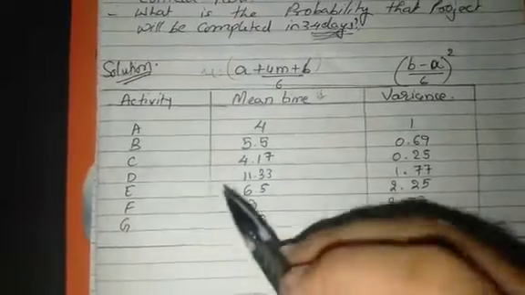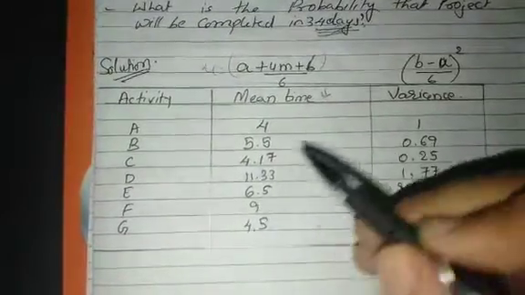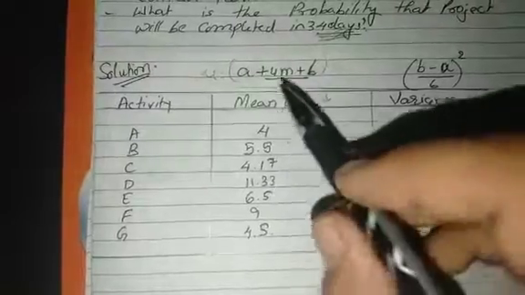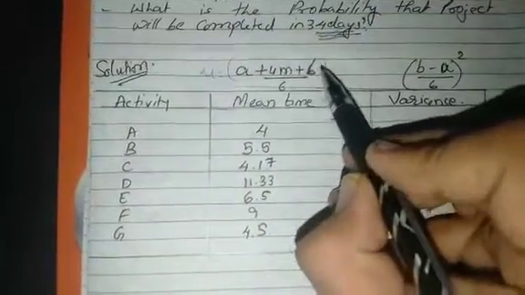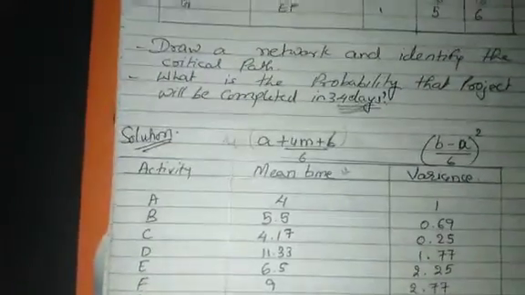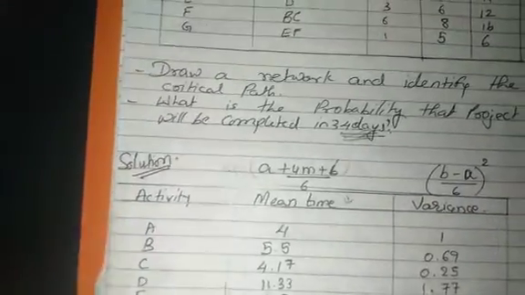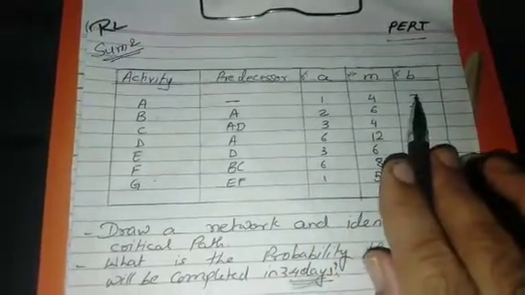So to solve the sum, first of all, we will find the mean time of all the activities. For finding the mean time, there is a small formula, that is A plus 4m plus B divided by 6. For the first activity, I will try to find out the mean time. For activity A, A is 1, M is 4 and B is 7.